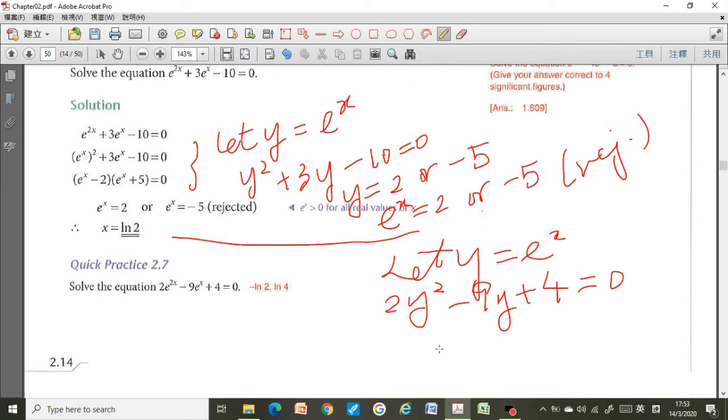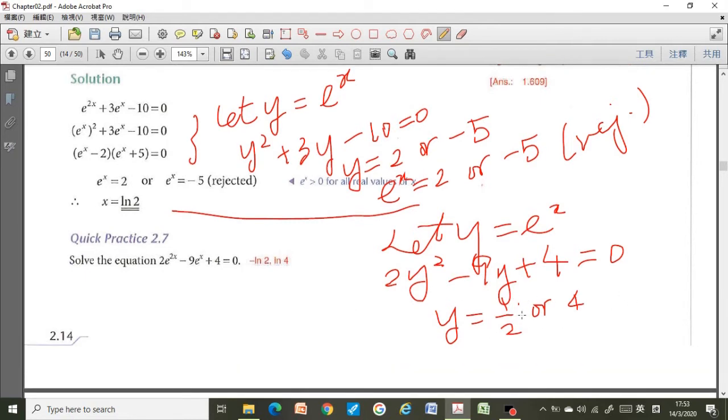So you will get y equal to negative 1 over 2 or 4 by using your calculator. But y is just the e to the power x.